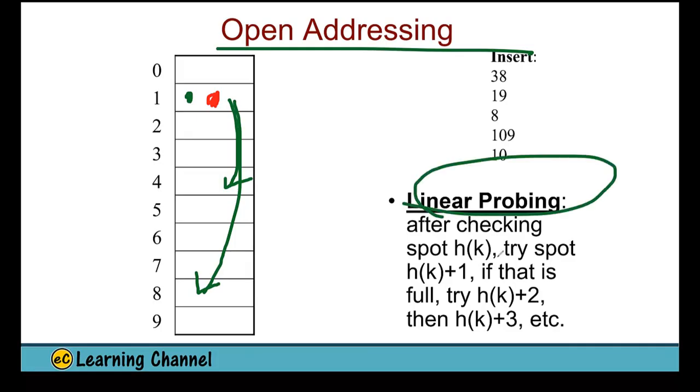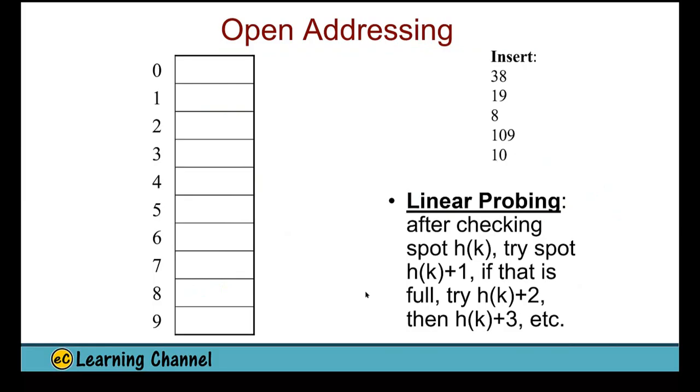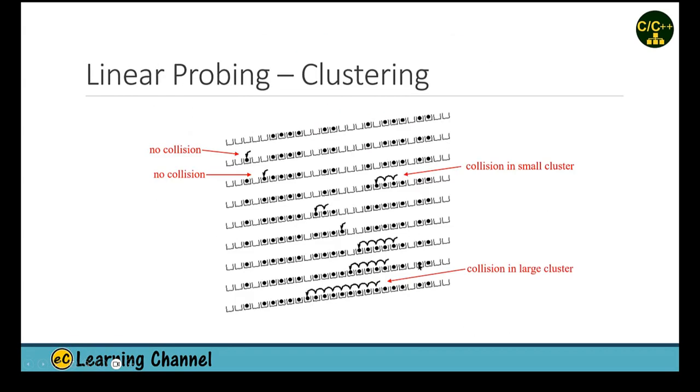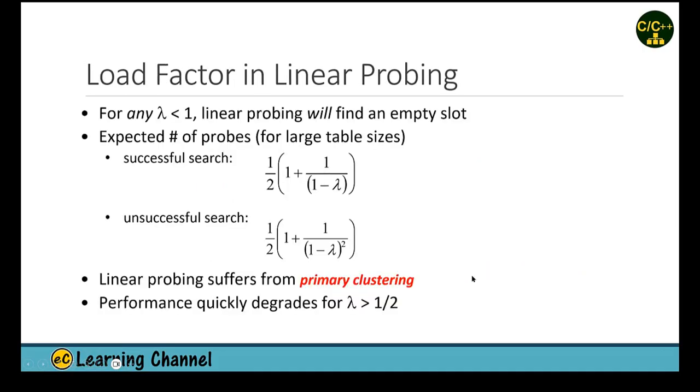Linear probing means that I just jump a certain linear step. Does that make sense? So that's the way we do it. But with linear probing, sometimes you have to probe several times.